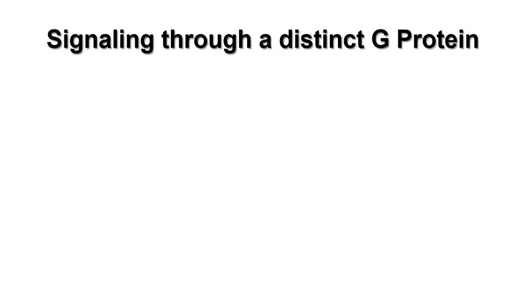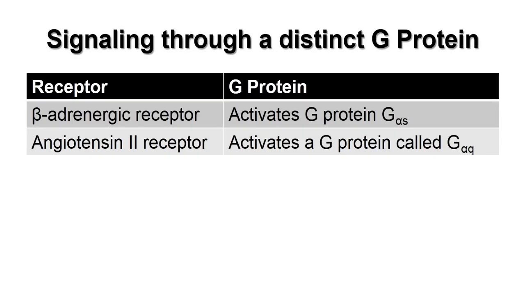Now, when you have signaling through a distinct G protein, the beta adrenergic receptor activates the G protein G alpha stimulatory. This is something we already covered.